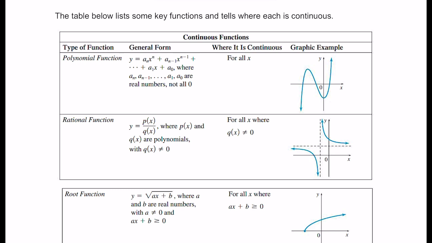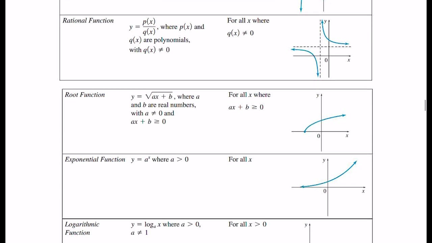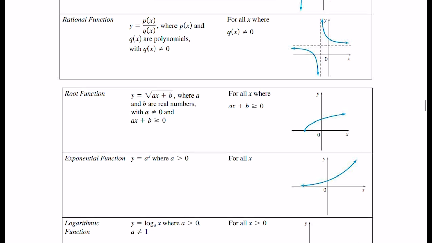So the function is continuous for all the x values where it doesn't cause q of x, the denominator, to be 0. Here you can see the vertical and horizontal asymptotes. For square root functions, it's continuous for all x where ax plus b is greater than or equal to 0, and ax plus b is your radicand. Remember, you can only take the square root of positive numbers and 0.